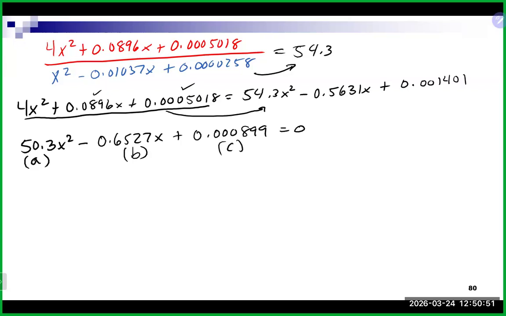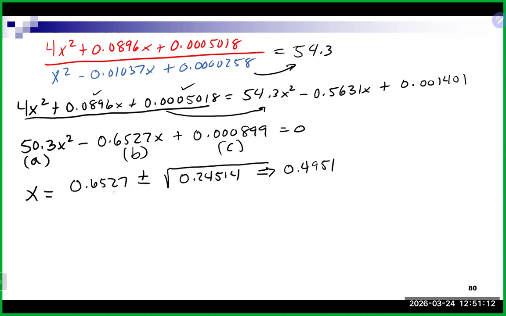Going into my quadratic, minus B will give me 0.6527 plus or minus. If you do the square root, everybody inside, you get 0.24514. Upon the square rooting of it, 0.4951.